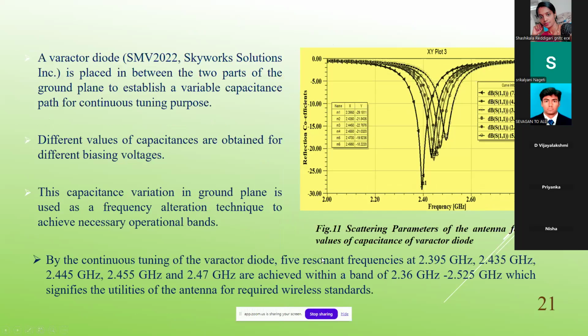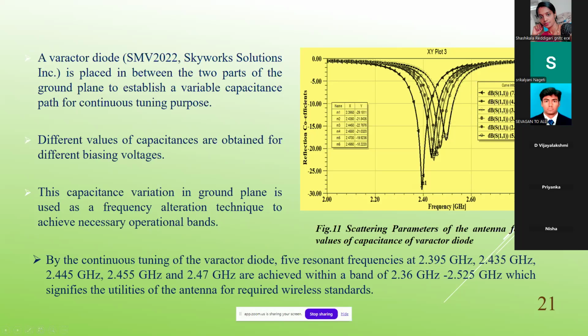Coming to this varactor diode, this is SMV2022 from Skyworks Solutions Incorporated. It is placed between two ground plates, which I have already discussed. And the important part is the bias. Since it is a varactor diode, different values of capacitance are important, so we have gone for parametric studies.